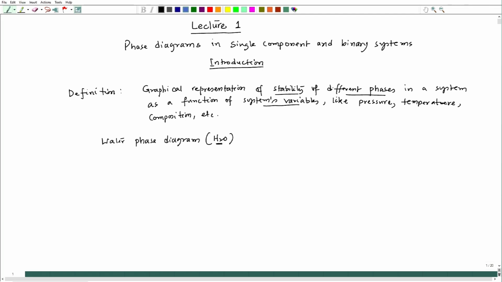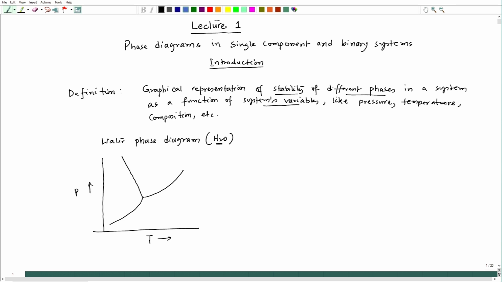Now, in this case, schematically, if we try to see the phase diagram, it has pressure on the y axis, temperature on the x axis, and the schematic look of the water phase diagram is like this. Okay.